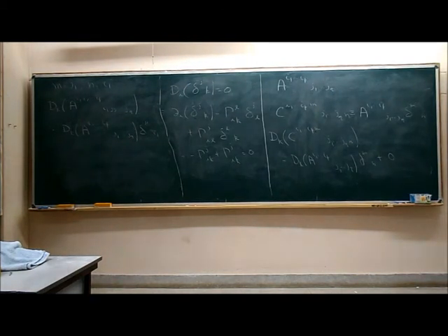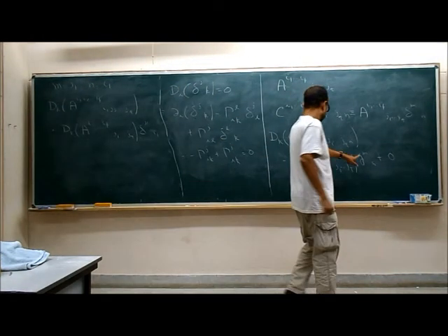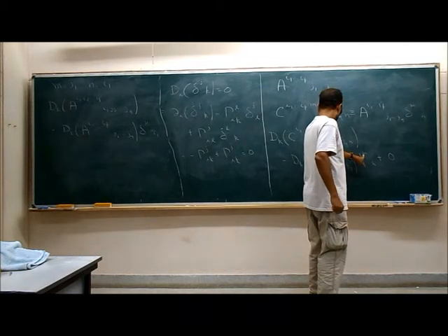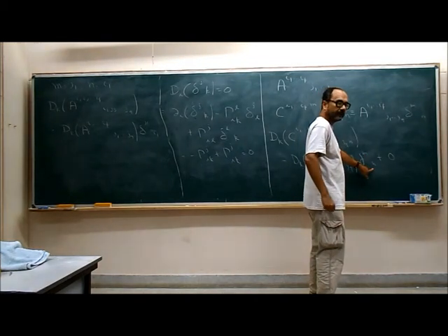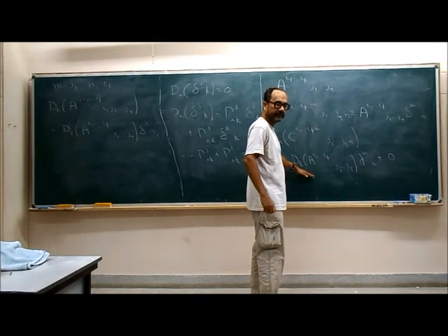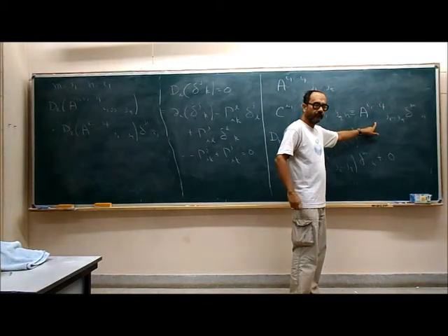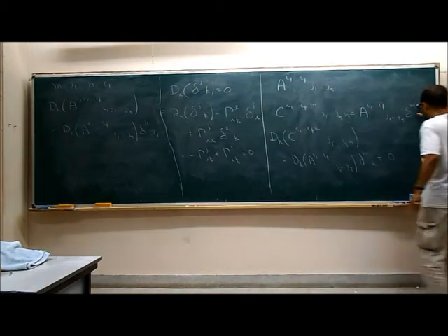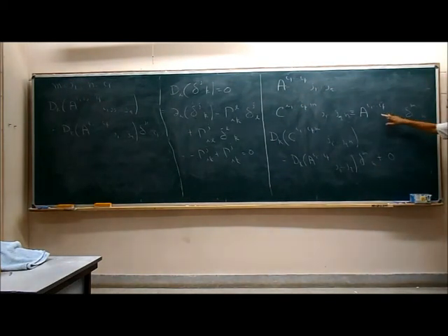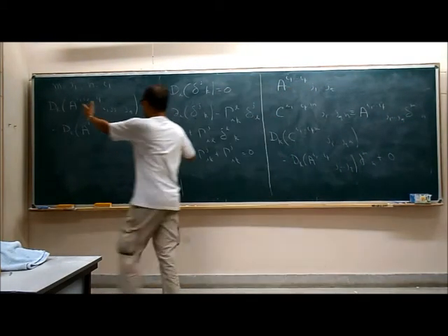So all I have done is that I have set m equal to j1 and n equal to i1, and I am evaluating both the left hand side and the right hand side. To evaluate the left hand side, I am using this form. Setting m equal to j1 and n equal to i1 basically means that you are just setting i1 and j1 equal. So the left hand side becomes this.